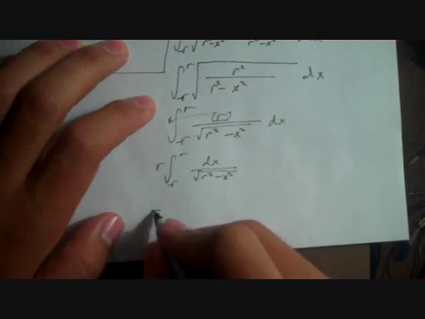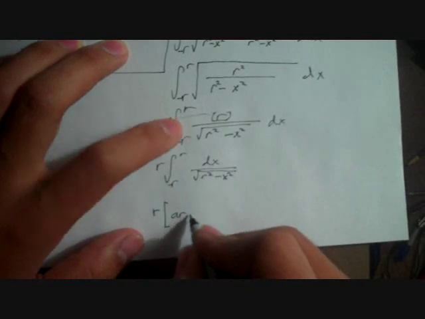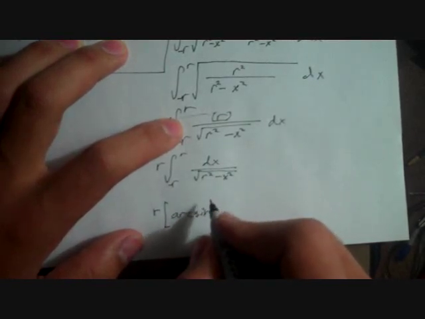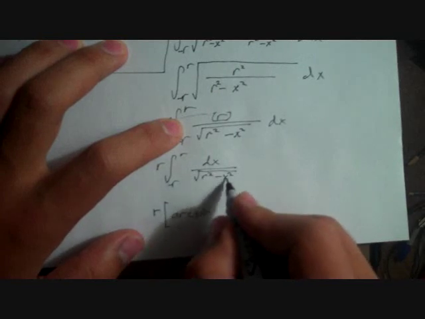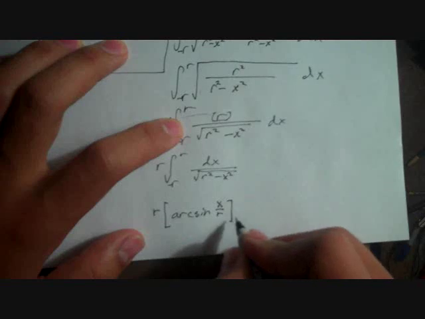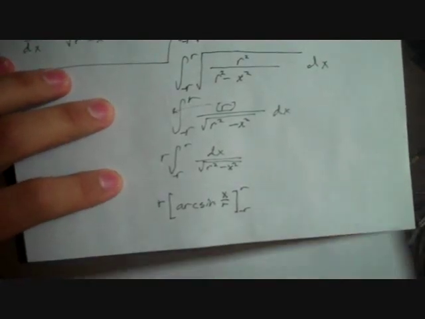So we're going to have r times arcsine of x over r, taken from negative r to r. I never said it was going to be a short proof.